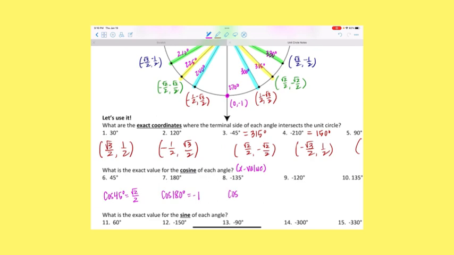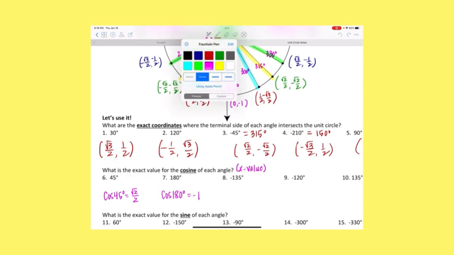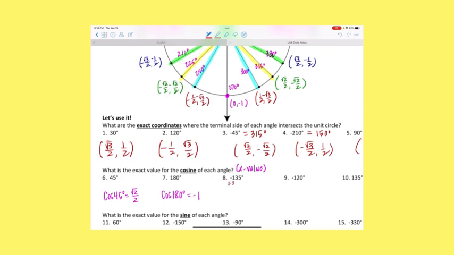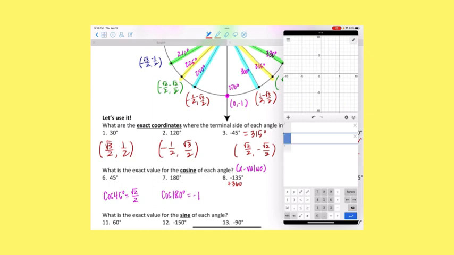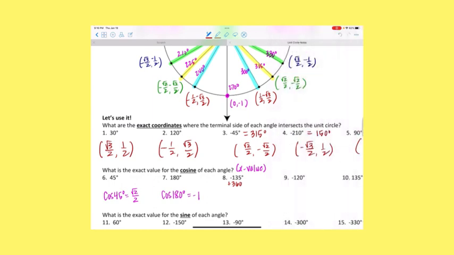If I said what's the cosine for negative 135 degrees? Let me find the coterminal first since I didn't label this on my picture. 360 minus 135 would be 225.